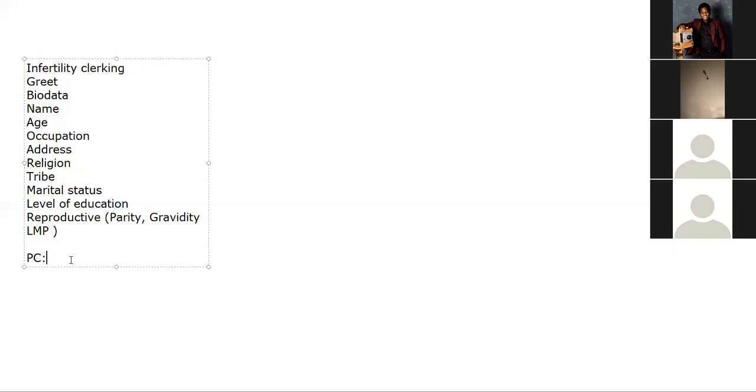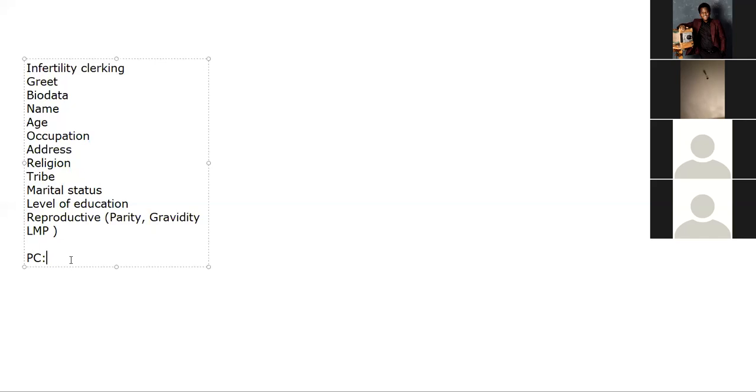That's called infertility. Okay, so the person is coming to you for inability to conceive. So that will be your presenting complaint. So you have to analyze the symptoms. You have to clerk the symptoms. Do you understand? So, inability to conceive.